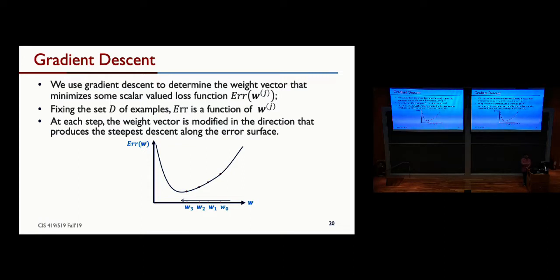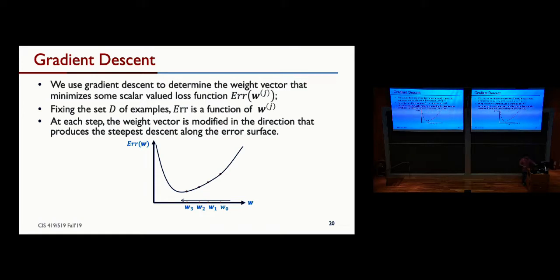And in most of machine learning, you try to come up with a function that if you minimize, you will achieve your goal of whatever task you were trying to solve. So we try to minimize this error function. Now, gradient descent tells you that the quickest way to minimize this function is to move in the direction of the negative gradient.